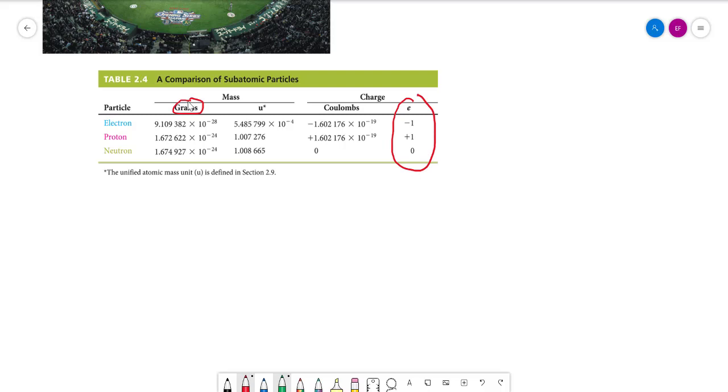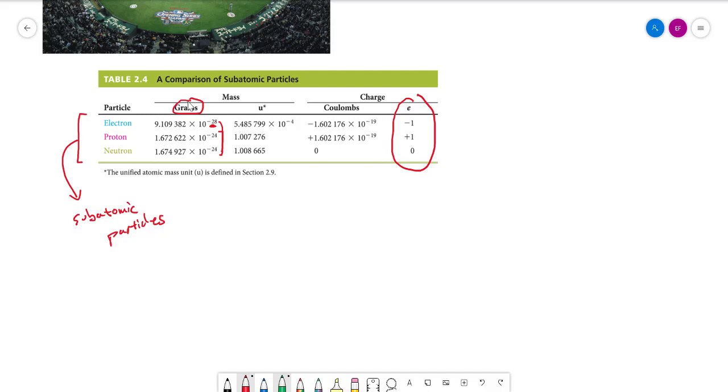And so what we now know to constitute an atom are these three subatomic particles. The electron, which if you look at the mass, is really, really small. It's about 4 orders of magnitude smaller than the proton and neutron.